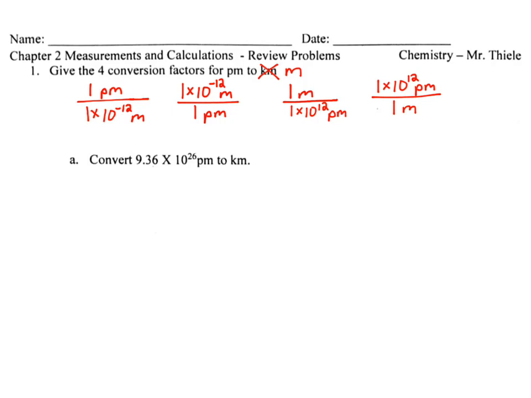Our problem says convert 9.36 times 10 to the 26 picometers to kilometers. Again, we're going to change kilometers to meters to make it a little bit simpler in the beginning. When attacking conversion factor type problems, it's always good to remember the basic formula: the quantity given times our conversion factor will give us the quantity sought, the quantity that we are trying to find.